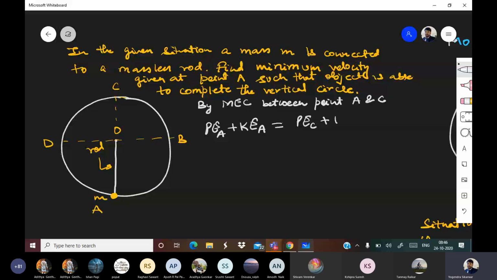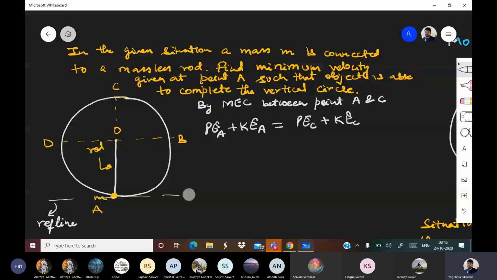Now we are considering our reference line at A itself. So point C will be the topmost point.